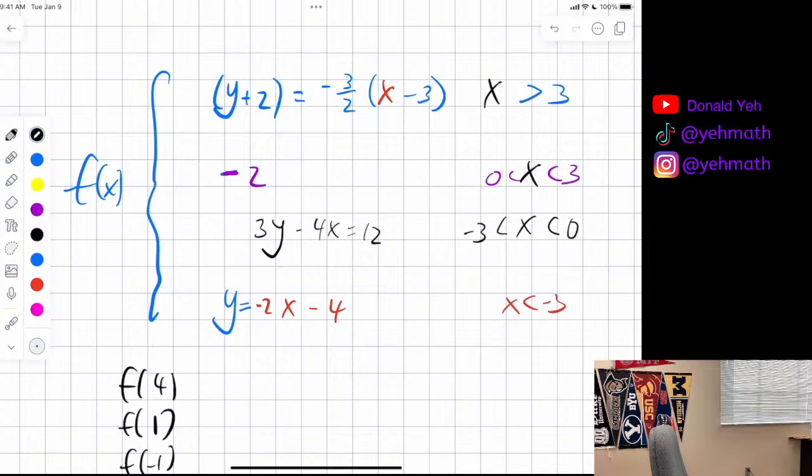You're gonna erase it, use pencil. Also bring a different color marker when you want to graph. What is the point here? Write down -3, -2. No, actually, hold on a second. It's x minus 3, so it's +3, -2.